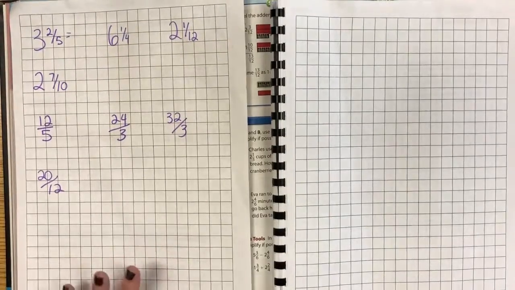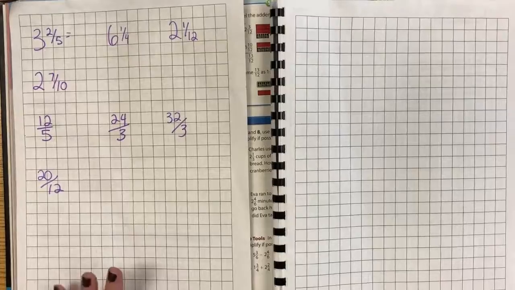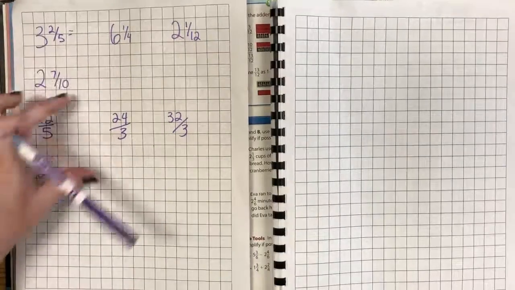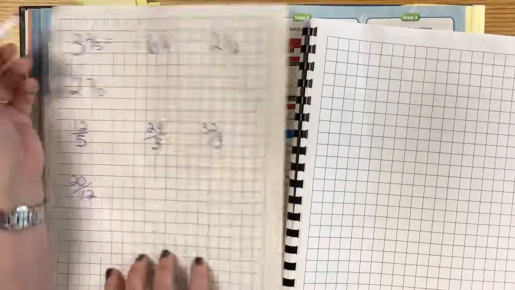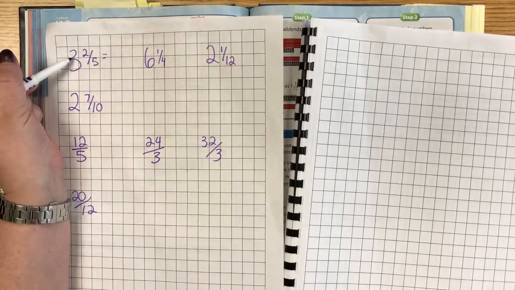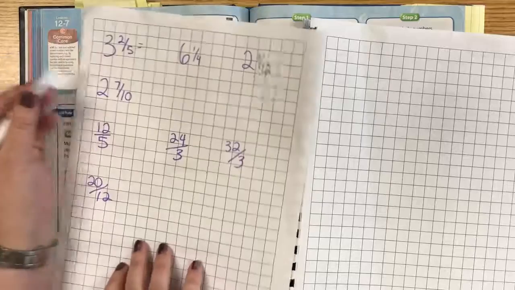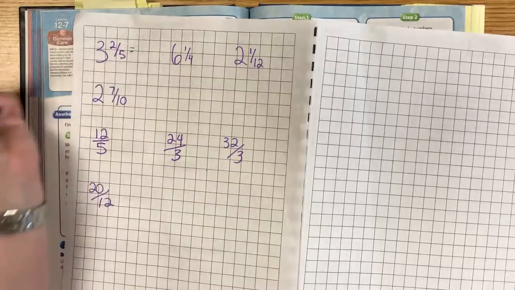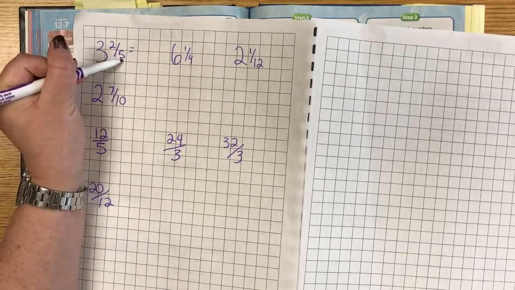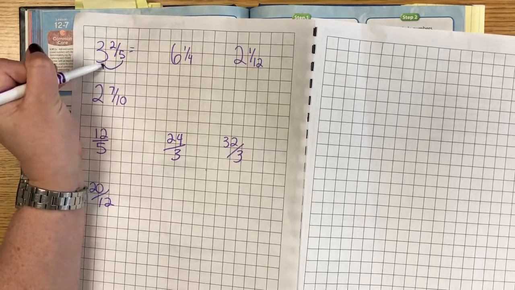Okay, so first, I'm going to show you the trick on changing these around. If you have a mixed number and it wants you to make it into an improper fraction, what you do is you take your denominator and you multiply your denominator by the whole number.